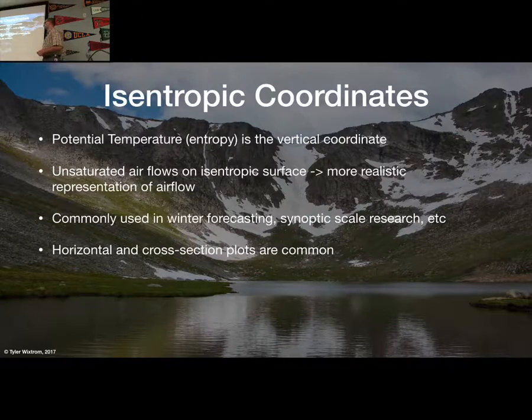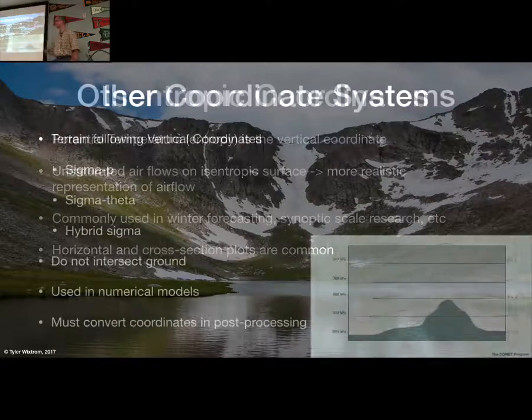This is often used for winter forecasting, especially synoptic scale mid-latitude cyclone forecasting. And you'll commonly do both horizontal single surface maps and cross-section plots.